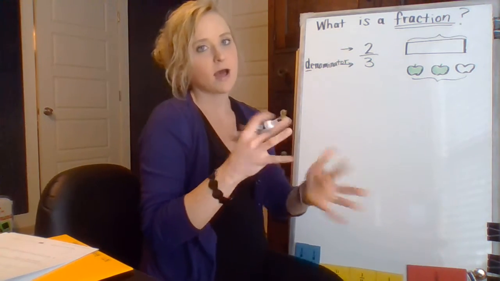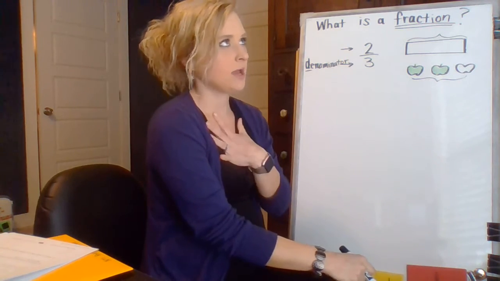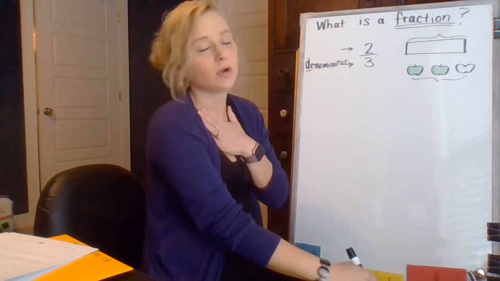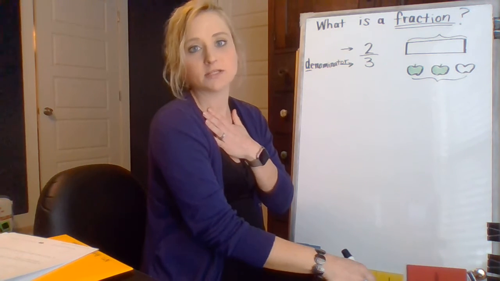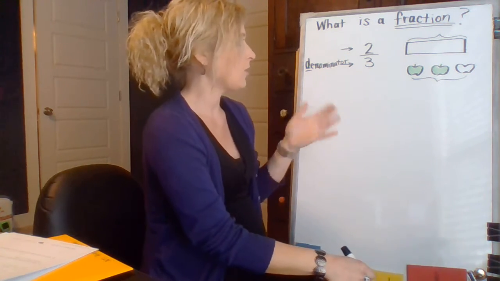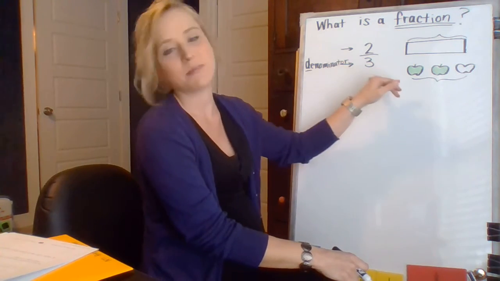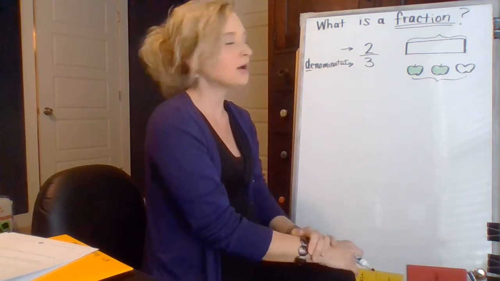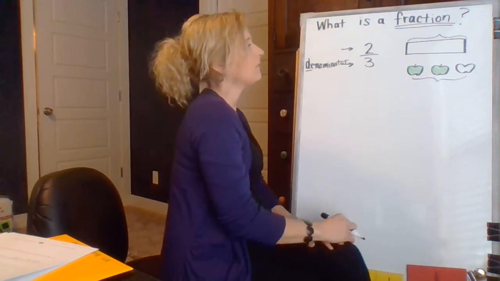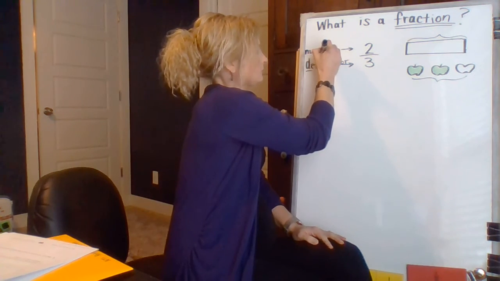This is how I learned it growing up, and it was just my own little way of remembering. D is also the first letter of down, and down is like bottom, and so that's how I remember what the bottom number of a fraction is called: D, down, denominator. And then the top number of the fraction is called the numerator.